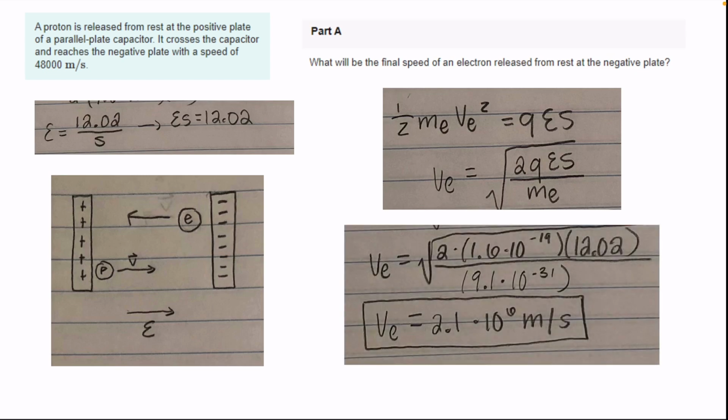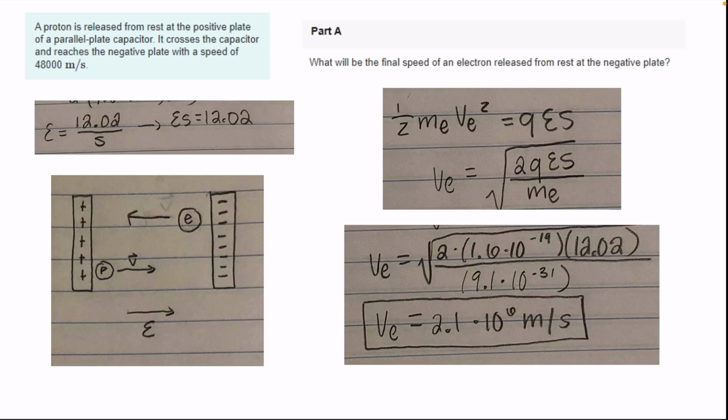So all we have to do is plug things in, plugging in 12.02 for that ES part of the equation. And we get a velocity of the electron of 2.1 times 10 to the 6 meters per second, which I think I calculated, is something like 40 times faster than the proton. So incredibly fast for an electron in this parallel plate capacitor.